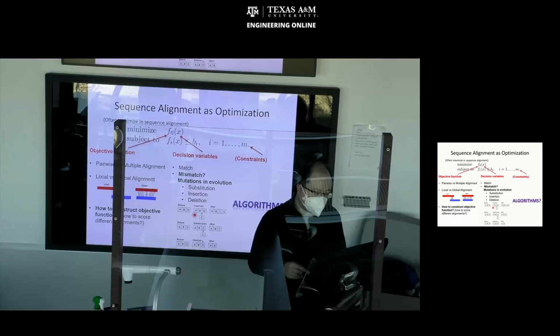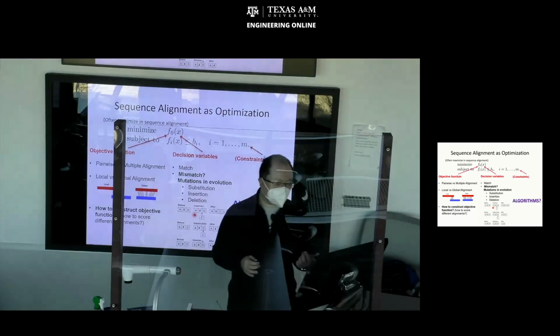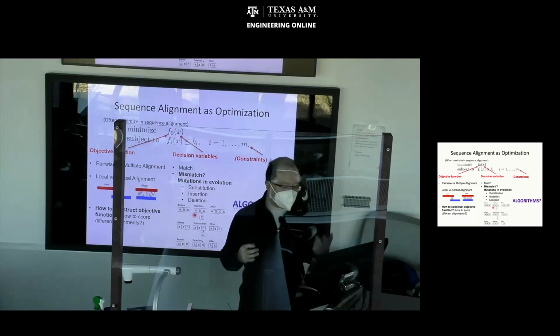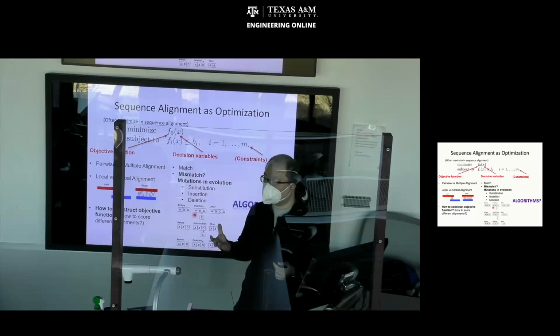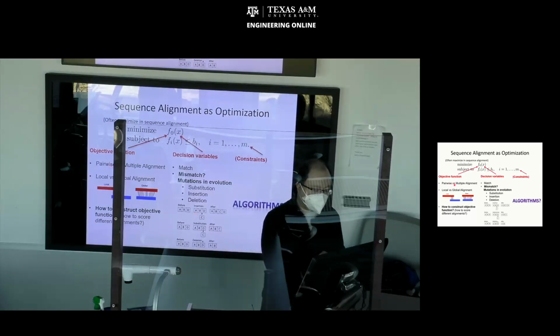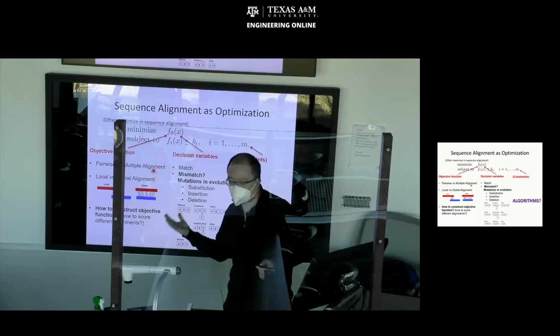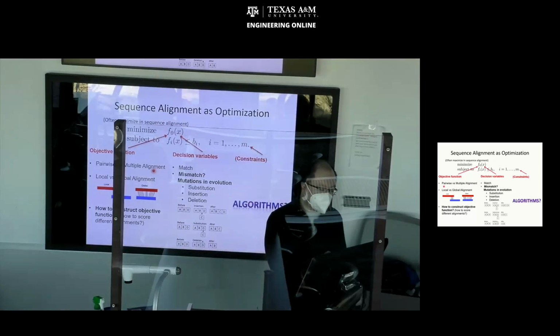And then there's the objective function. I said before that, depending on whether you are aligning two sequences or multiple sequences, you have to define what the score is for a pairwise alignment and what the score is for a multiple alignment. That's one difference. If we focus on the pairwise alignment, there's local versus global.